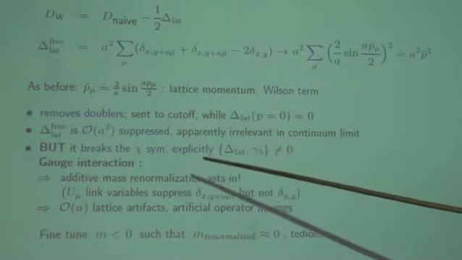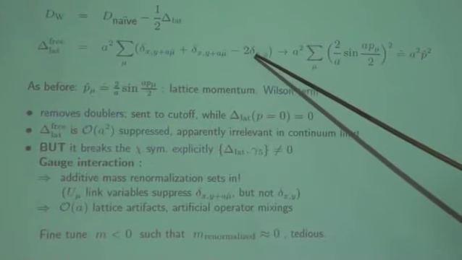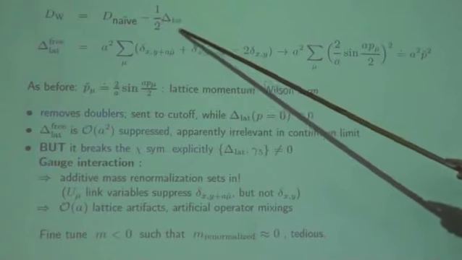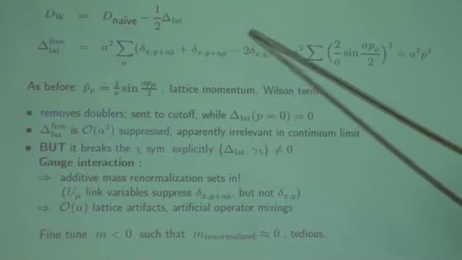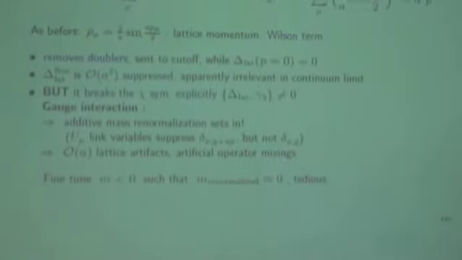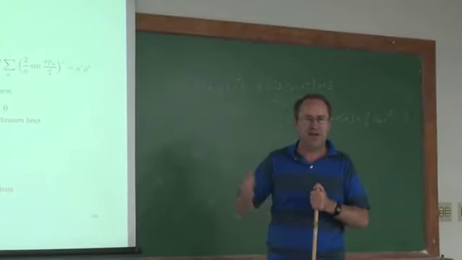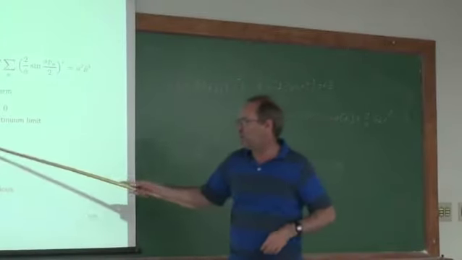They are on average smaller than 1, whereas this piece here is not suppressed. So this is a minus, so then we get here something like an additive constant. The more gauge interaction you have, the stronger it is, and naturally this goes to the cutoff scale, so pi over a. And so here we have additive mass renormalization.